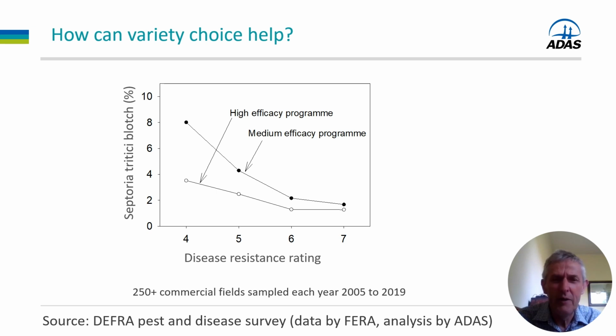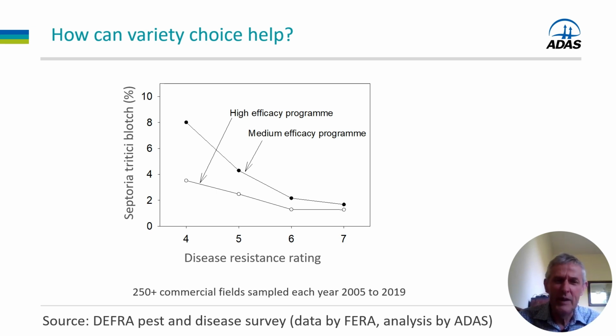And the high efficacy programs were characterized by more applications with typically a higher dose per application and typically more effective fungicide products being used, which also tend to be the more expensive products. And in contrast, the medium efficacy programs tended to be both less intensive and perhaps have fewer of the more expensive and more highly effective fungicides.